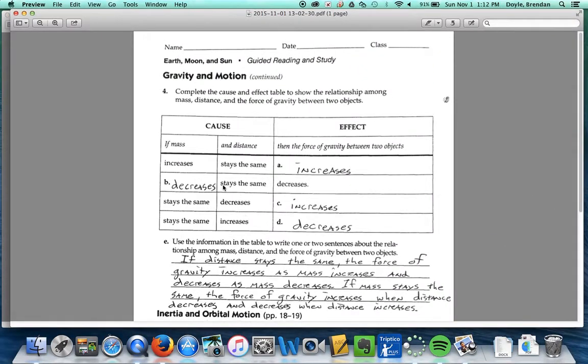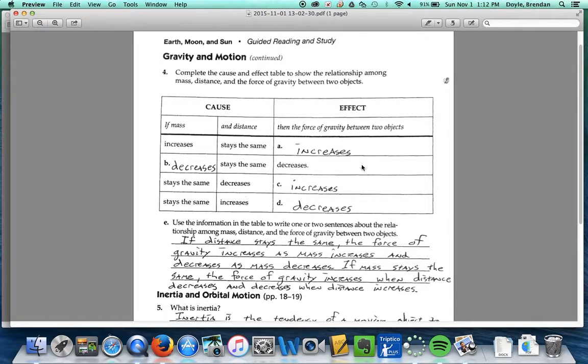All right, question number 4. And all the parts of 4 really hit our learning target. So, the cause and the effect. If mass increases and distance stays the same, then the force of gravity between the 2 objects increases. So if the mass is bigger, then the gravitational force will be bigger.